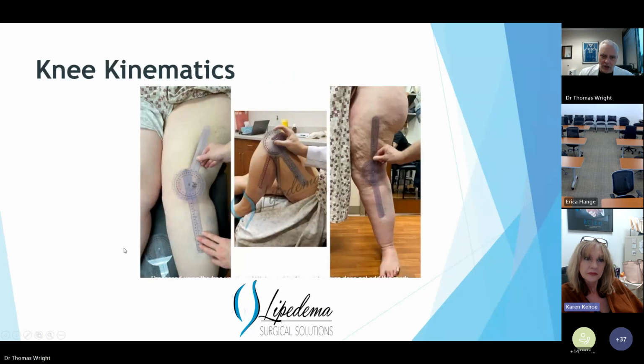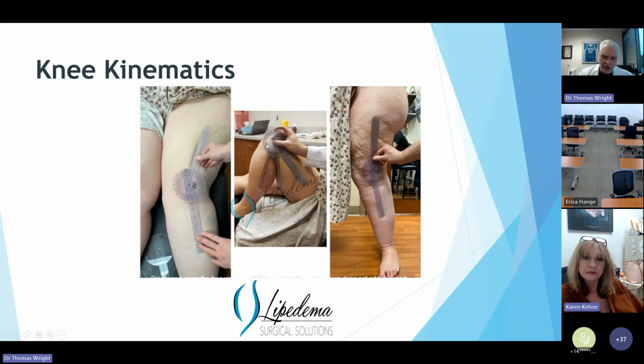So I know there's a lot of orthopedic surgeons here who are familiar with the orthopedic measurements. We check for Q angle and then knee flexion. And you can see here, this is a lady with lipedema, and just the bulk of the lipedema tissue is preventing full knee flexion.